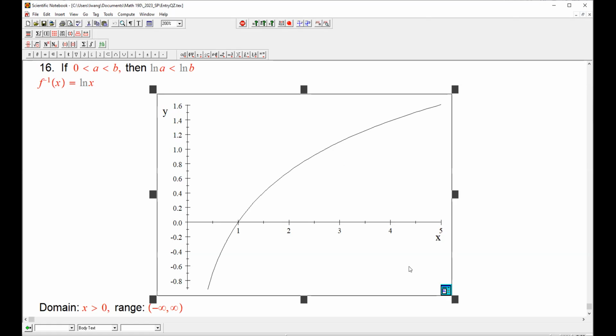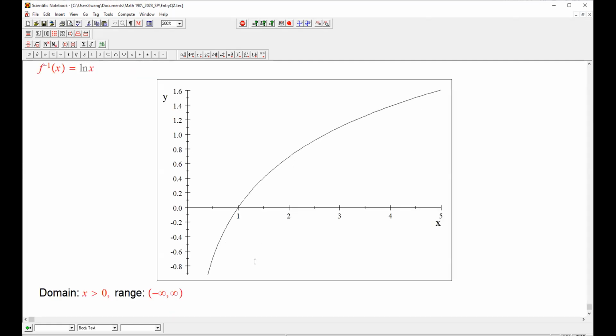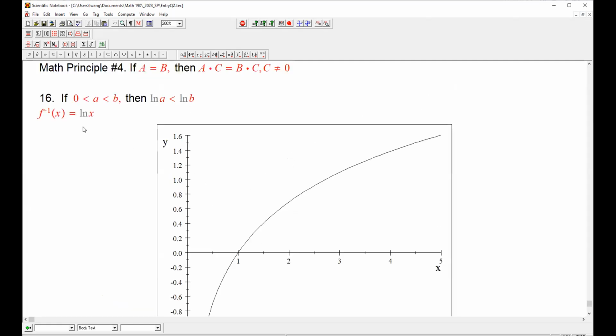By definition, within number 12, when input 1 is less than input 2, their outputs will also have the same relationship. So this statement is true. Why is it true? Because ln x is an increasing function.